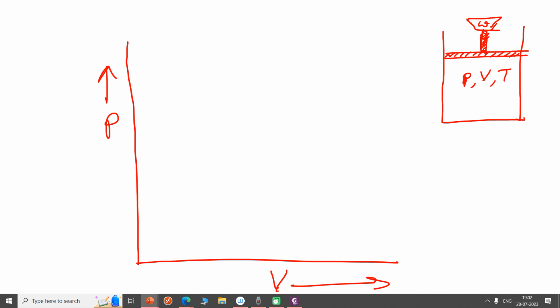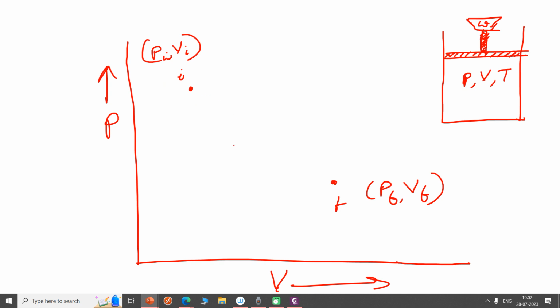In this case we had an initial state wherein we had PI, VI, and in the final state we'll have PF, VF. These are the coordinates representing the equilibrium states of the system.